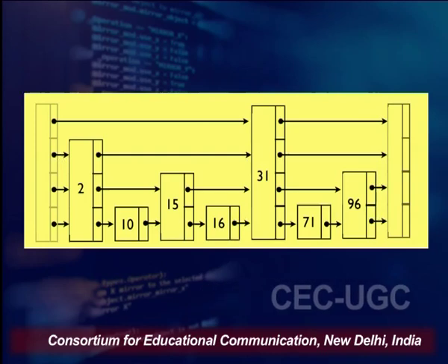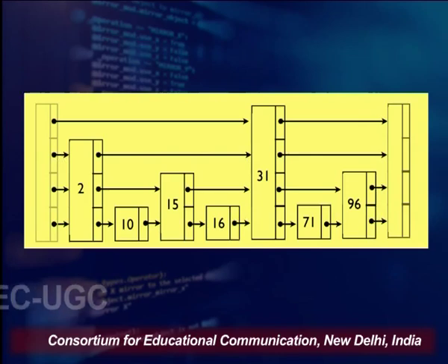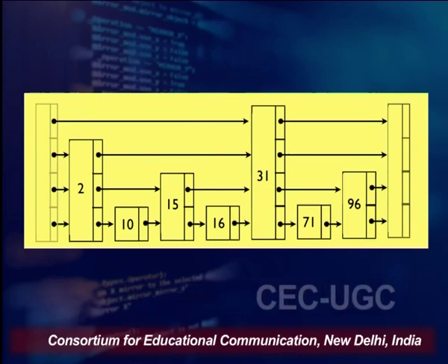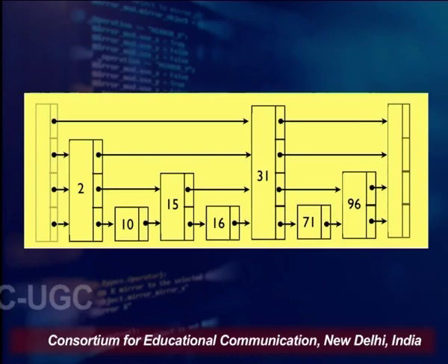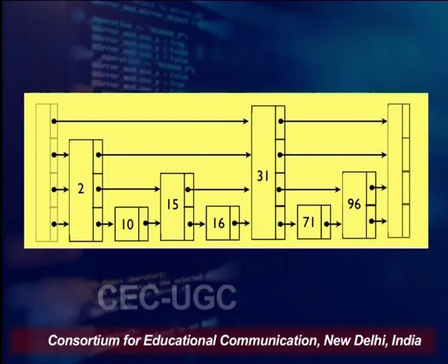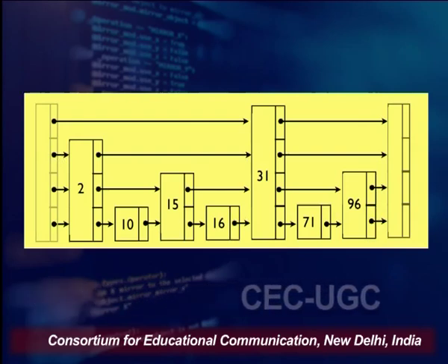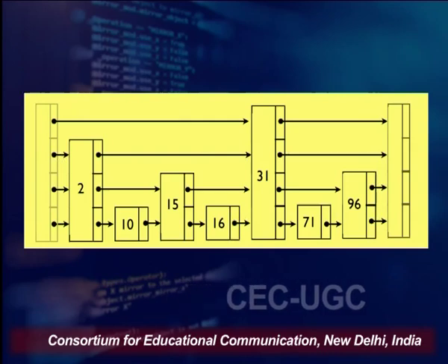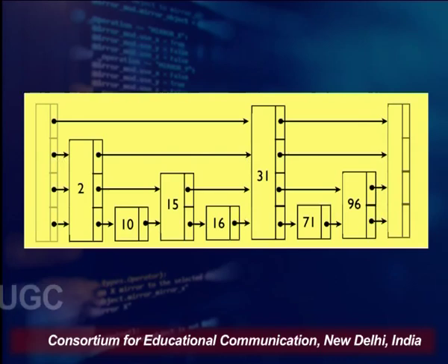Here, element 2 is repeated at 3 levels, then element 15 is repeated at 2 levels, which I am assuming are S0 and S1. 16 is only available on S0, while 31 is available from S0 to S3, and 96 is available from S0 to S1, and so on. So this is also a way through which the skip list can be represented.